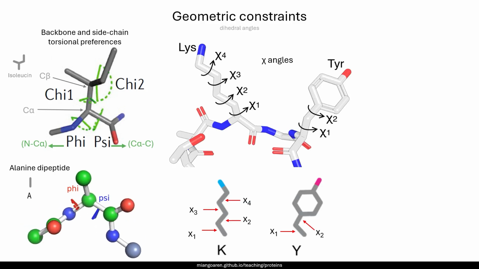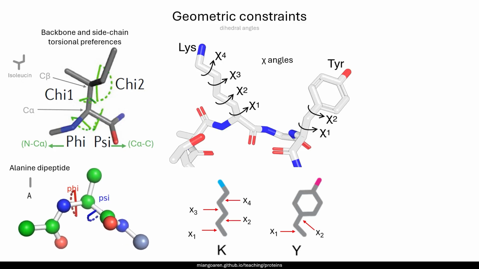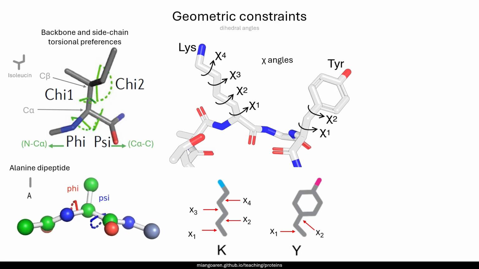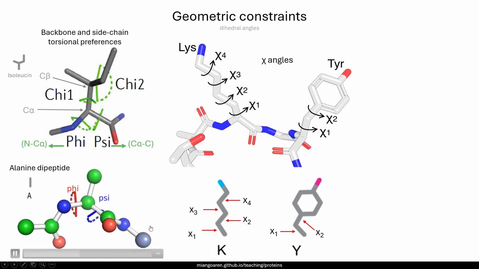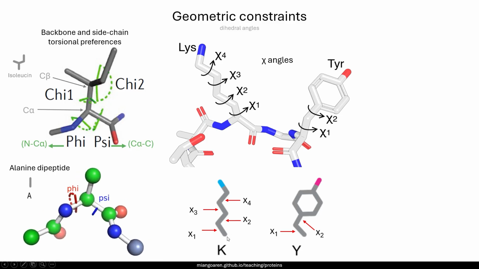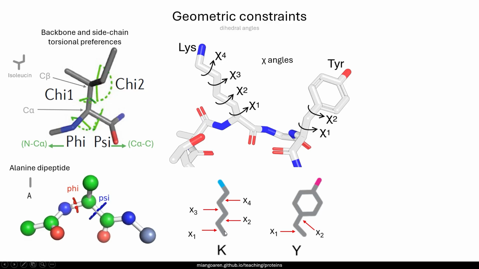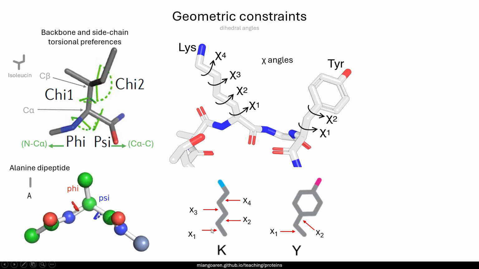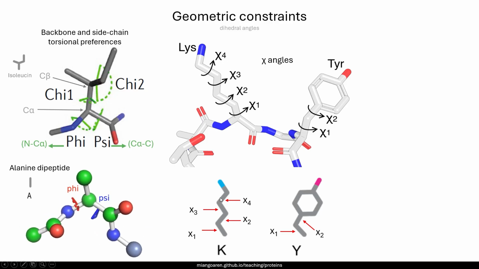To be a little clearer in the representation of what the chi angles would be, here we have two other examples, with amino acid K, which is a lysine, and amino acid Y, which is a tyrosine. We observe that lysine, which has one of the longest side chains that we know, has up to four chi angles of freedom, which are also represented in this diagram above.